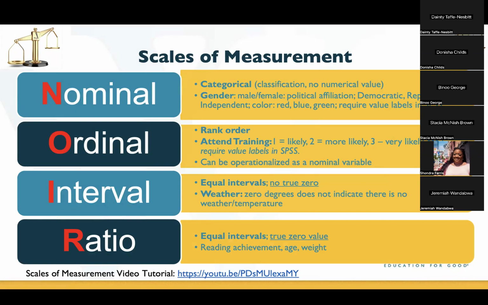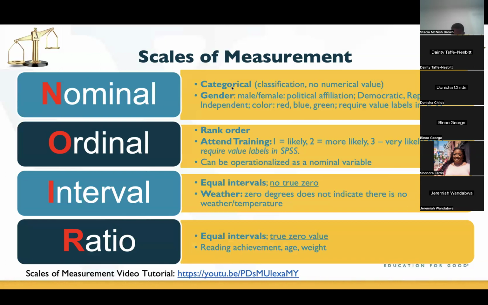Does that make sense to everyone? Okay, fantastic. So remember the scales of measurement. When you start anything in SPSS, any types of analysis or anything, I want you to be very cognizant of the scale of measurement. That's going to be very important, and we'll look at that a little bit more again.